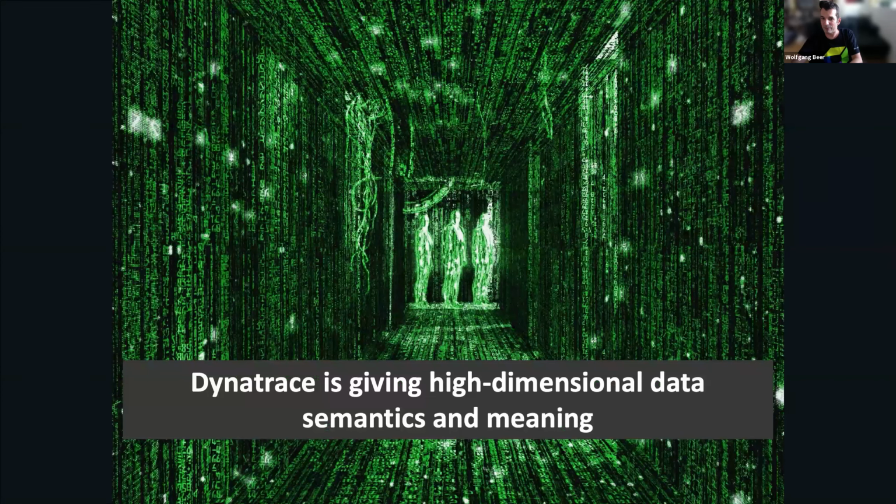And the goal is that by applying Dynatrace and structure and topology on top of that highly dimensional raw data, you gain semantics and meaning on top that you can work with, and that is human understandable in that sense.